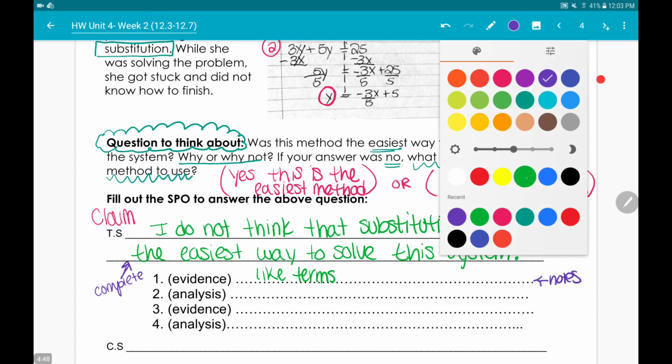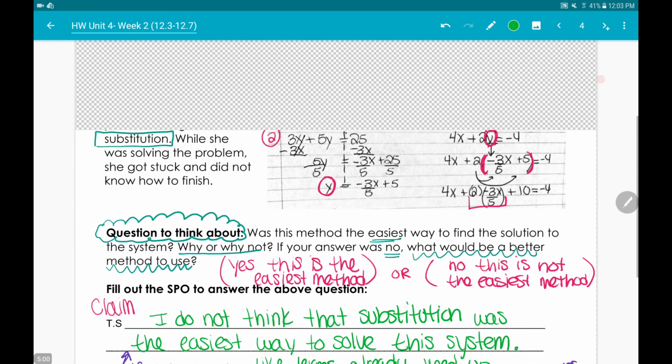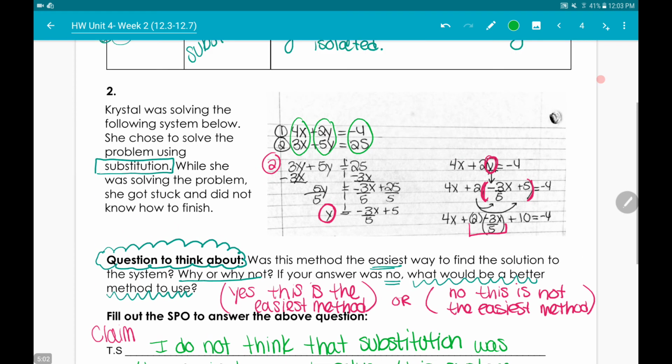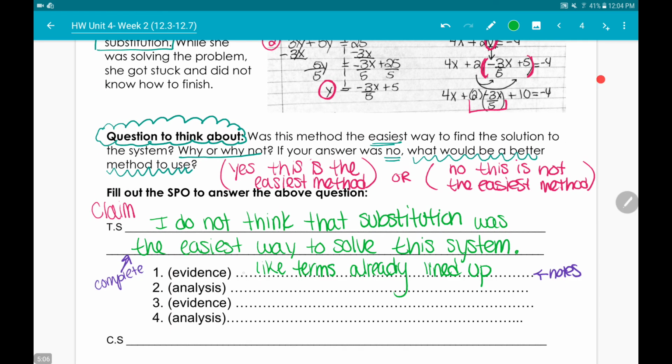Okay, so I'm saying my first note is like terms already lined up. Okay, my analysis to that would be an explanation of why having like terms lined up would be better. Because all I would have to do then is multiply.